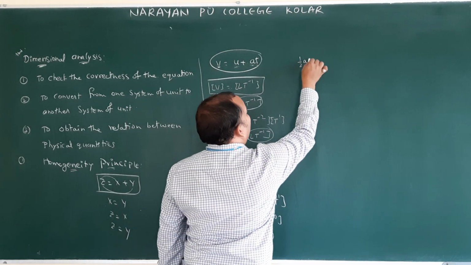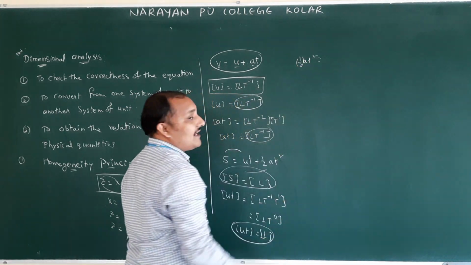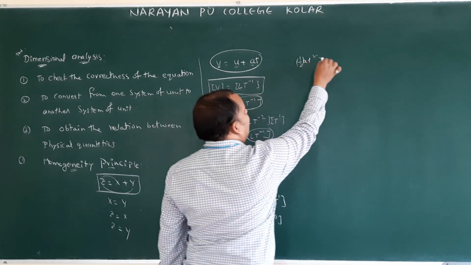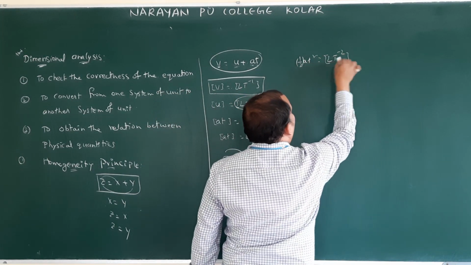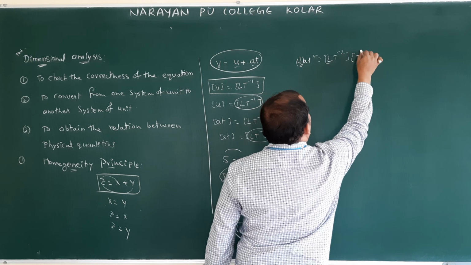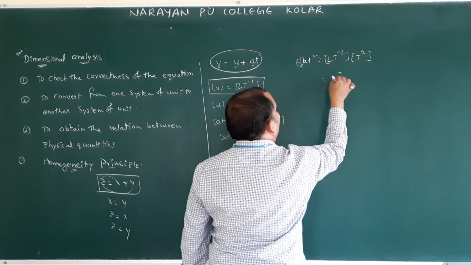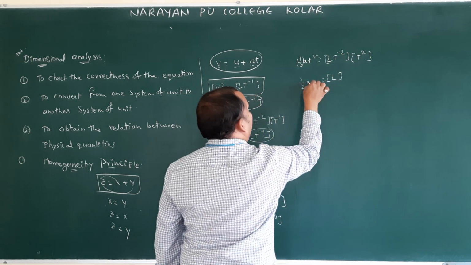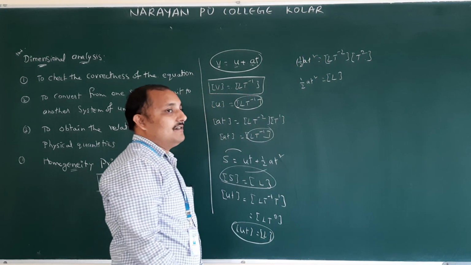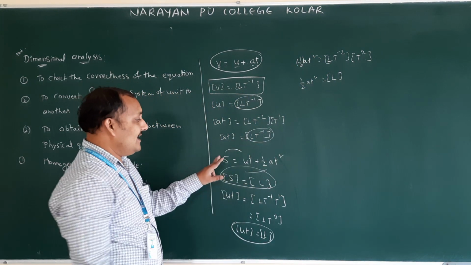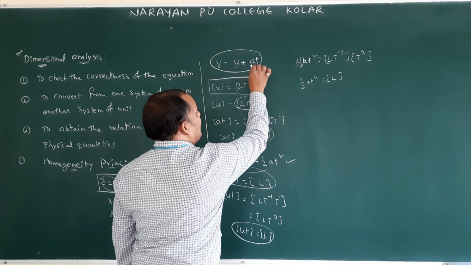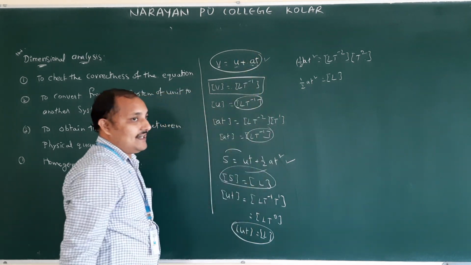Next, half at square. Half will not have a dimension formula. a means L T power minus 2, t square means T square. Therefore again half at square is equal to L. Therefore, dimensionally this equation is correct.